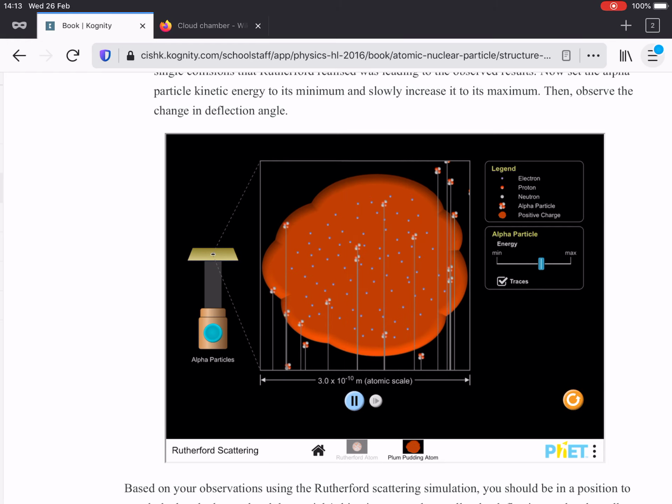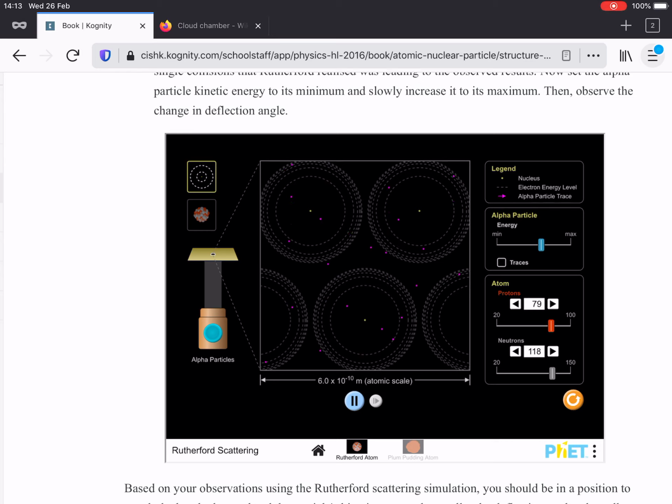And we're going to go to the Rutherford model now. And I'm going to turn on traces as well, just so you can see. Maybe I can reset this? Yeah, okay, so I'm going to reset this. So if we look at these particles, you can see that the nucleus of the atom being so small allows for charged particles to pass through, so lots of empty space, and occasionally the alpha particles could be deflected by the center of the nucleus itself, which is highly concentrated and positively charged.